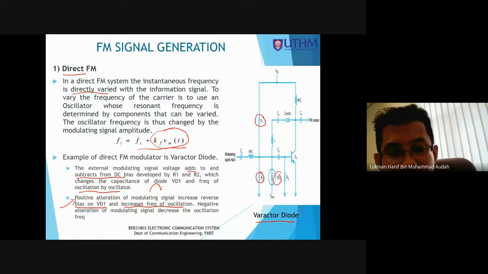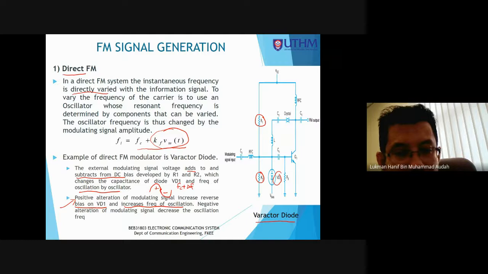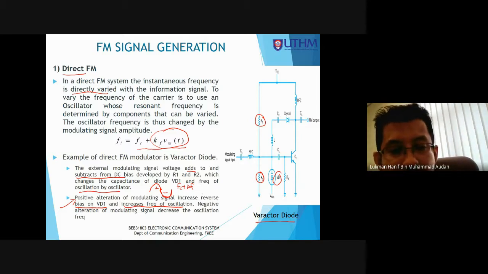So dalam kes ini pada positive side bermakna Fc akan bergerak ke arah Fc plus delta F. Okay, and negative alternation of the modulating signal decrease the oscillation frequency. Okay, during the negative alternations, apabila modulating signal berubah polarity ke arah peak negatif, maka frekuensinya akan berubah menjadi Fc minus delta F.